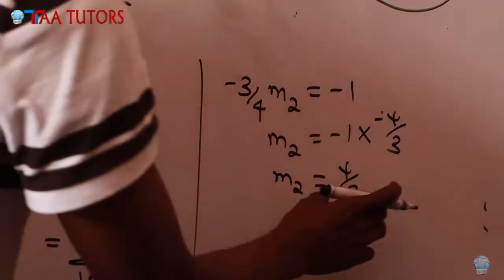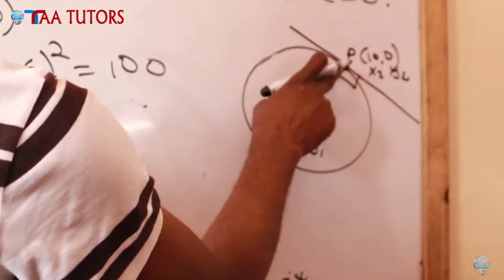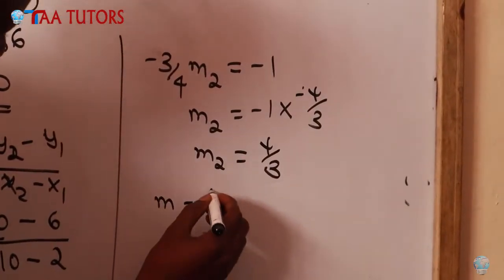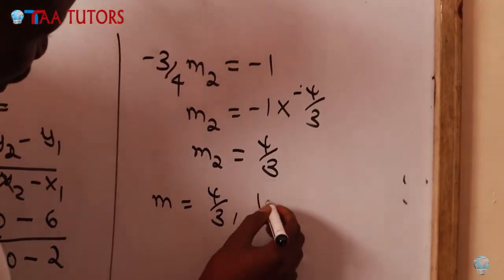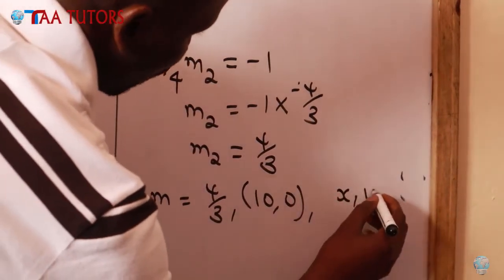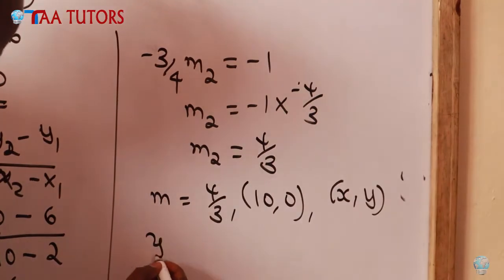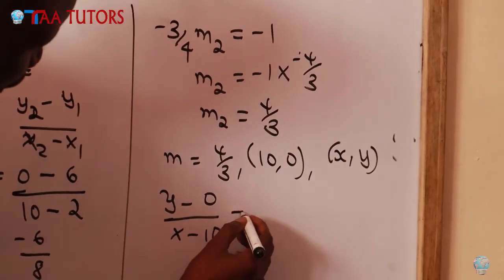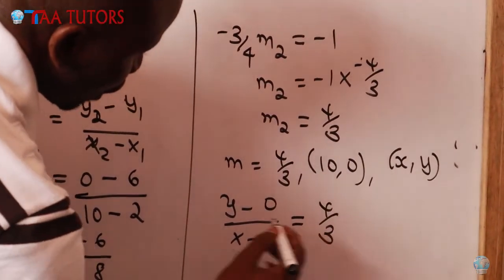So we have the gradient of the tangent, and we know that that tangent is also passing through the point (10, 0). So we know we have m, which is 4 over 3, and a coordinate (10, 0). We can choose another arbitrary coordinate (x, y). So we'll say y minus 0 over x minus 10 equals 4 over 3.